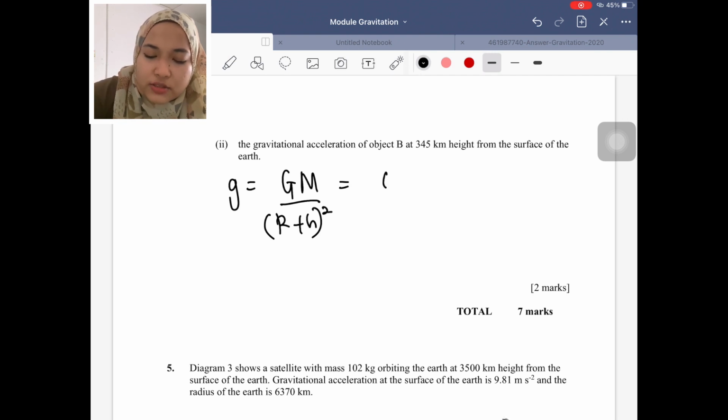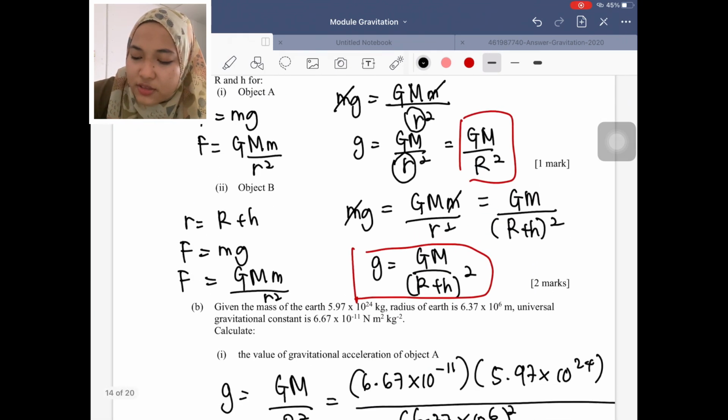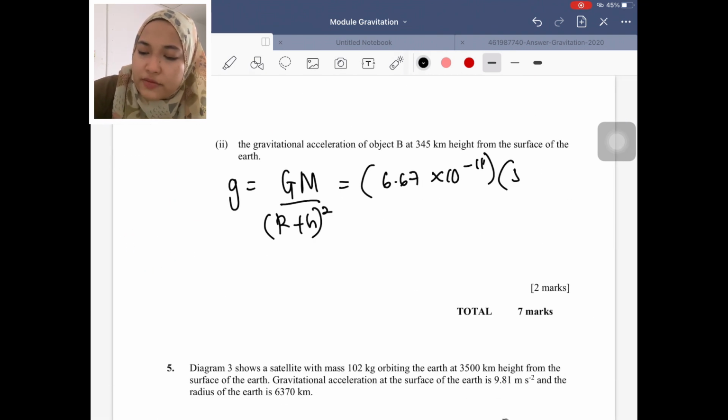G kecil, so 6.67 times 10 power of negative 11. Mass of the earth is 5.97 times 10 power of 24 over R besar.